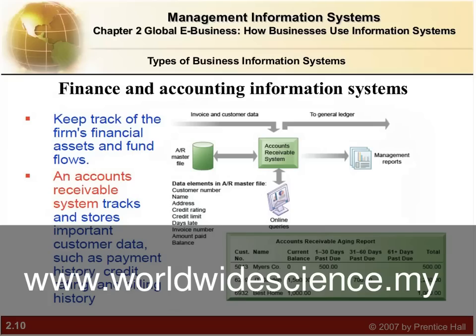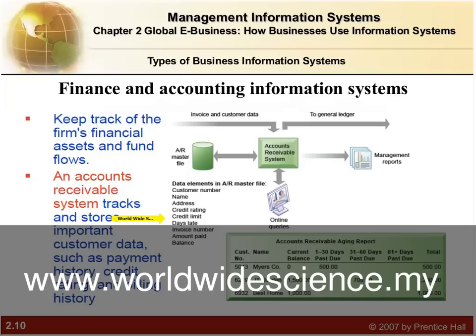We have master files that keep the customers' information: their names, addresses, credit cards, their previous activities, everything. And the account receivable system prepares management reports and also online queries. You can get queries like this table, which shows some activities of this individual system.